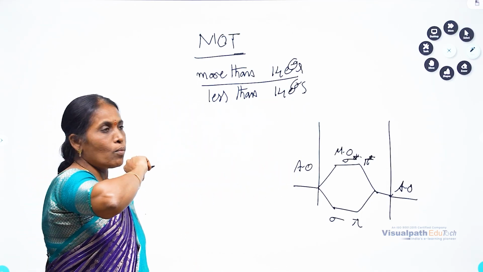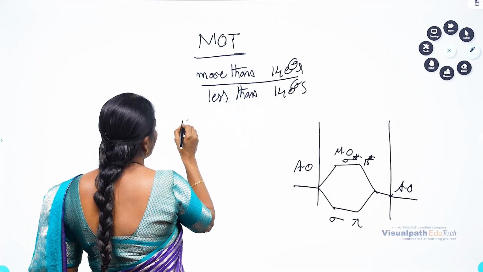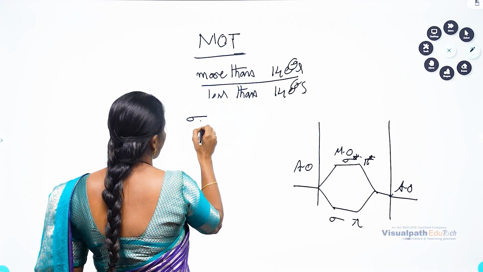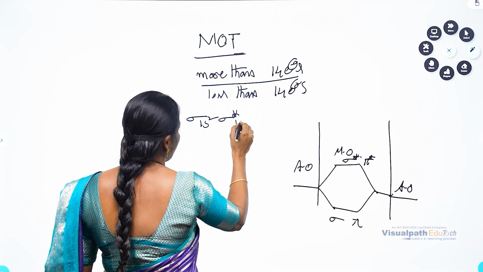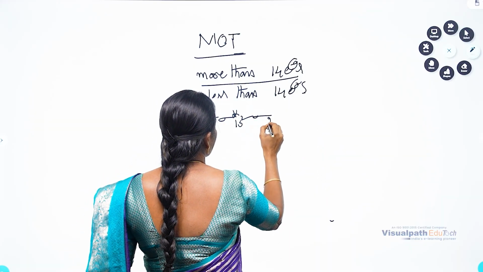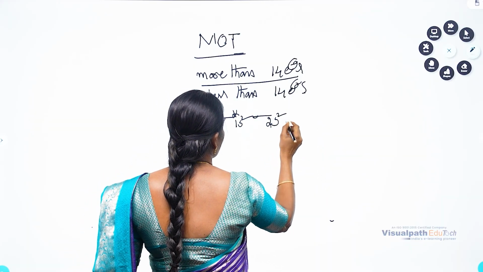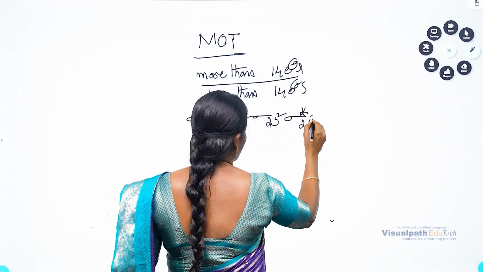More than 14 electrons, in which the electrons first enter into sigma 1s2 and sigma star 1s2, sigma 2s2, sigma star 2s2.